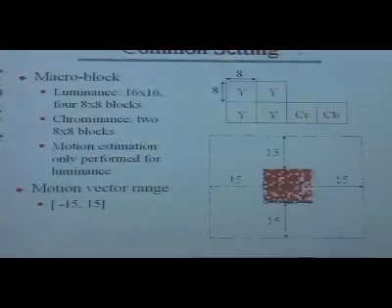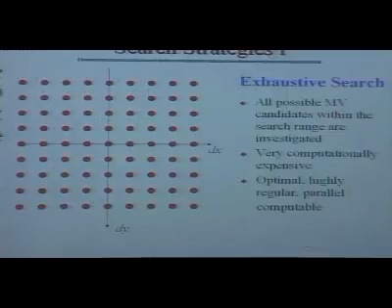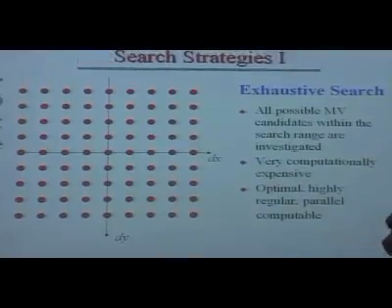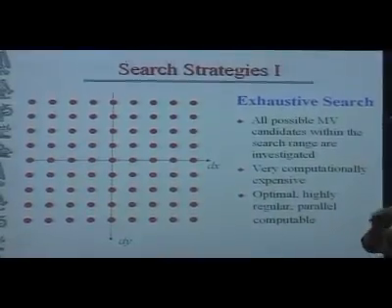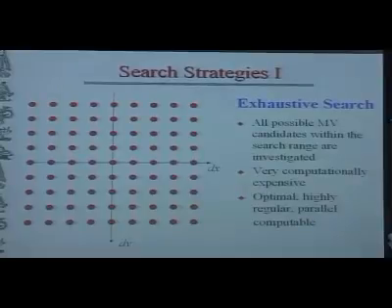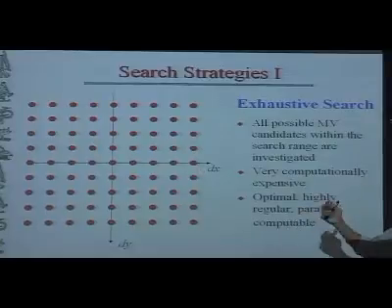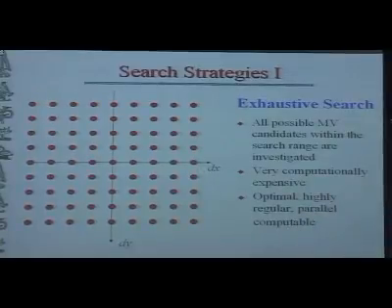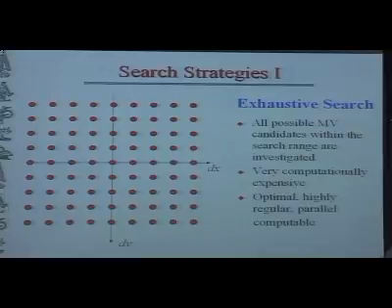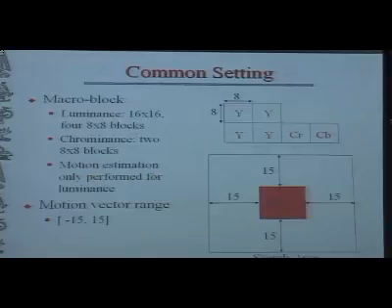And so to find the motion vector for just one macro block, how many do you need? Well, you count how many dots you need, and then you multiply by 256. How many dots depends on the search area.